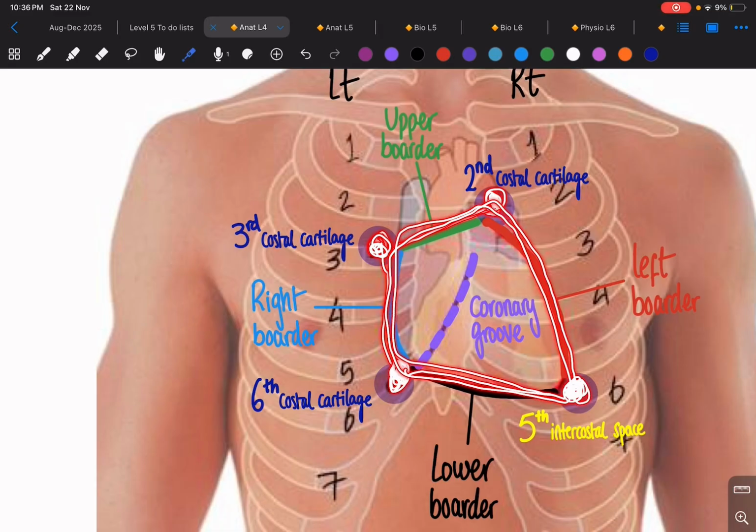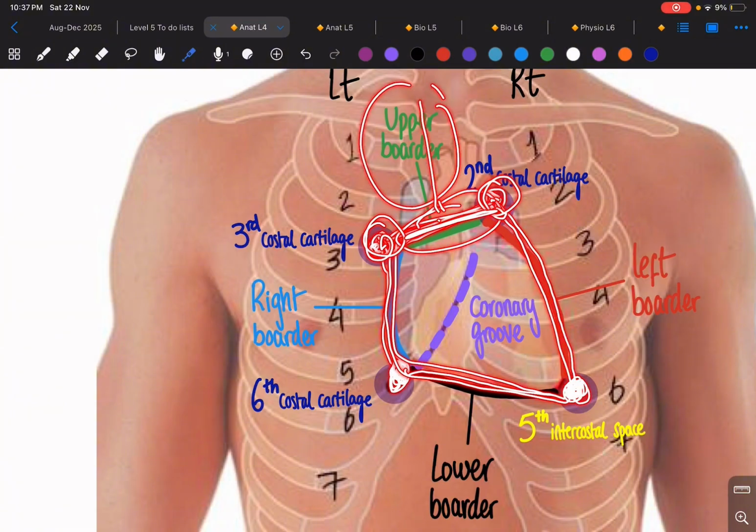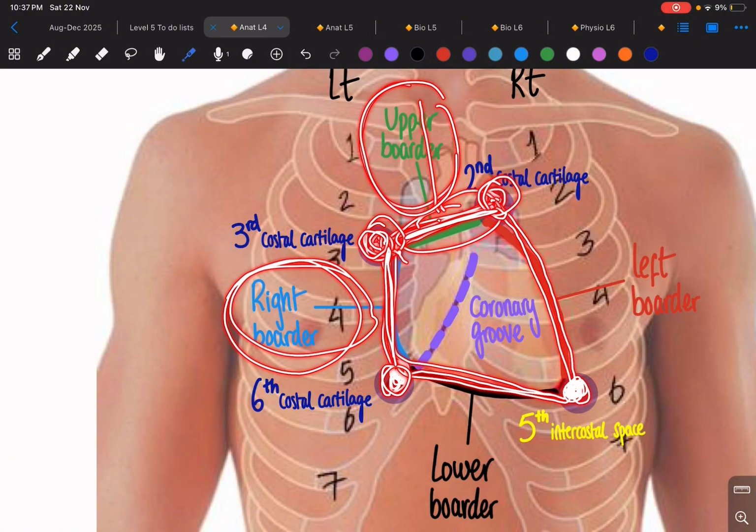Okay? So we're gonna see the points that we connected, there will be a border in the middle. Between A and B, which are the edge between the second costal cartilage and the third costal cartilage, this line we're gonna draw in between is known as the upper border. Clearly it's the one above, so it's the upper border. The second border that we drew between point B and point C, when we connect these 2 points, it's gonna be the right border, because it's on the right side of the patient or the person.